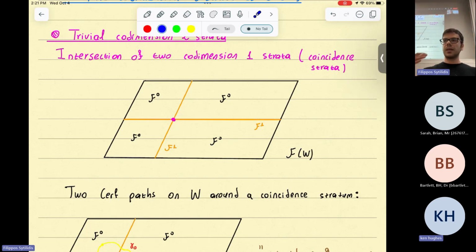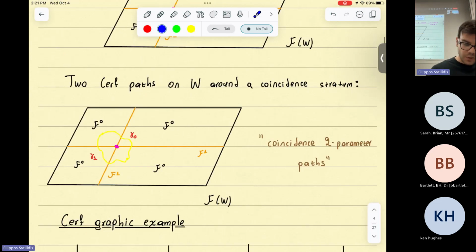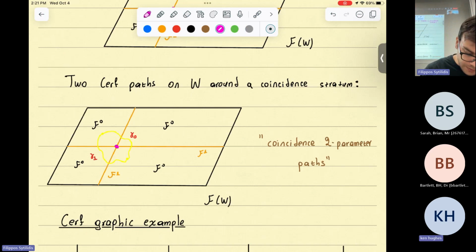So this could be another thing with cusps and crossings. So if you give me 2 points in F of W, and let's take those points to be here, I can write down 2 paths around this codimension 0 stratum. One would be gamma 0, maybe the other would be gamma 1.